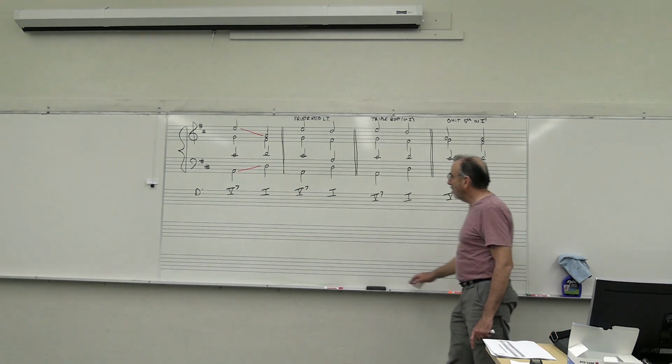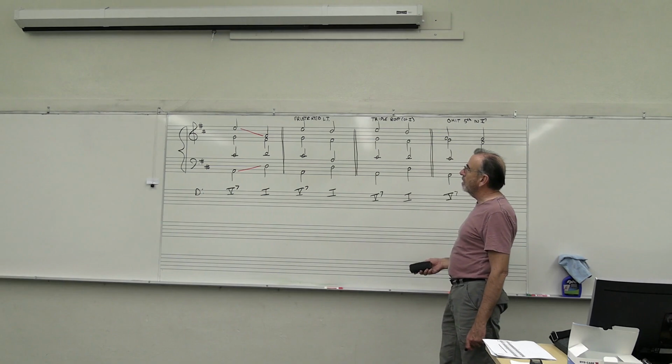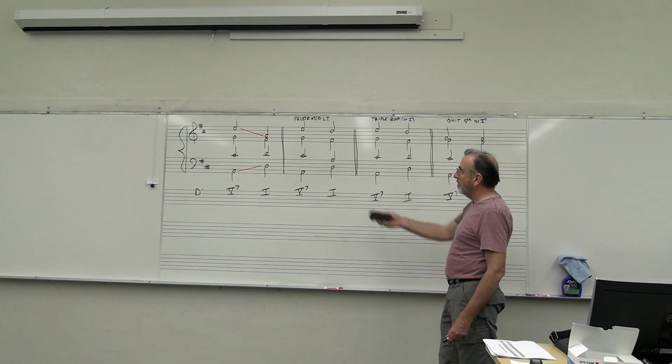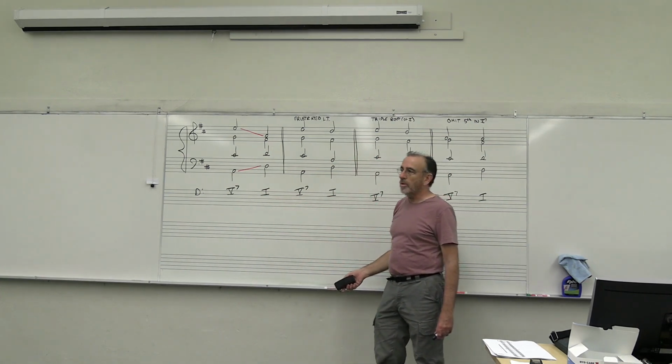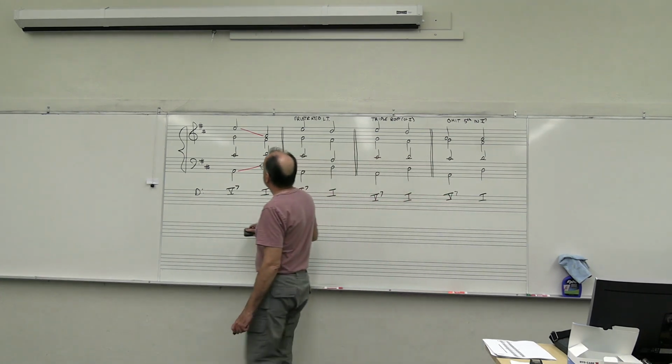All right, so now let's look at these in inversion. And interestingly, in inversion, it gets rid of this particular problem of root position. You don't really need to worry about it anymore.